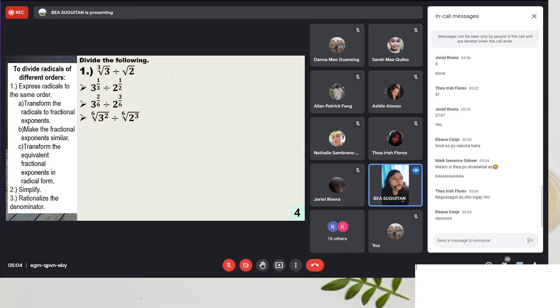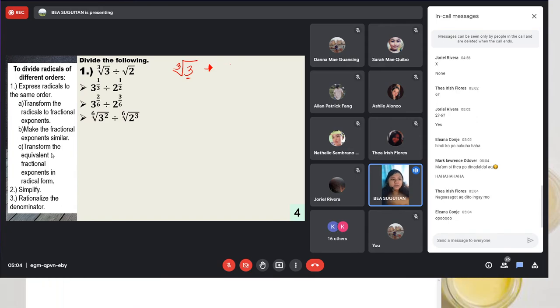Once again, kung kanina, sabi natin kay cube root of 3, para ma-transform natin to into fractional exponents, the base of your radicand will also be the base of your expression. And since it has an exponent of 1, although it is not written down, the exponent of your radicand will be the numerator of your exponent.